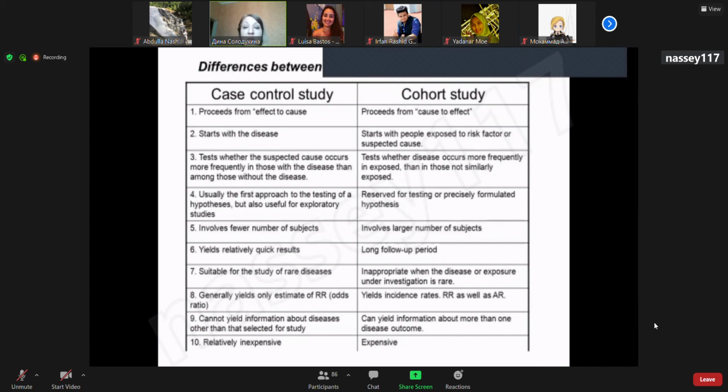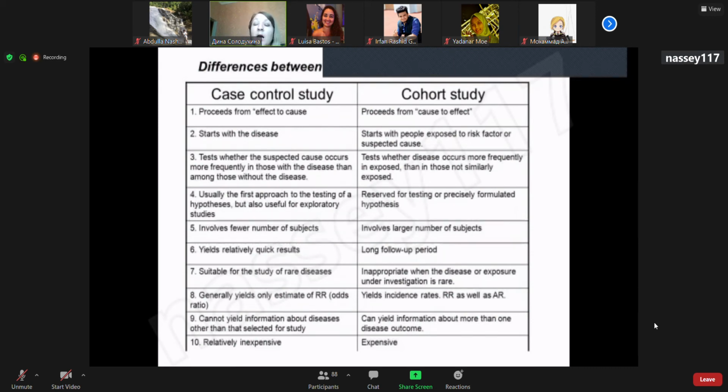Cohort study is reserved for testing precisely formulated hypotheses. About the number of participants, it's a crucial question because sometimes it's very difficult to have more subjects, for example, if we don't have patients with a specific outcome.